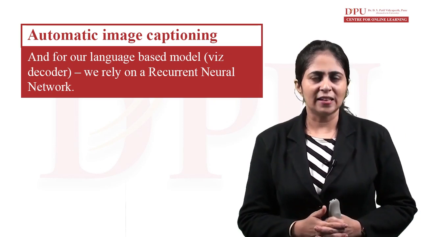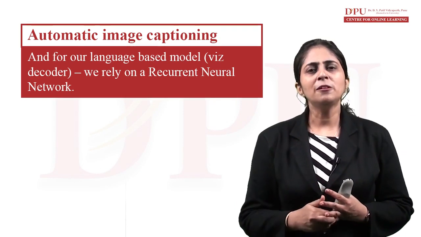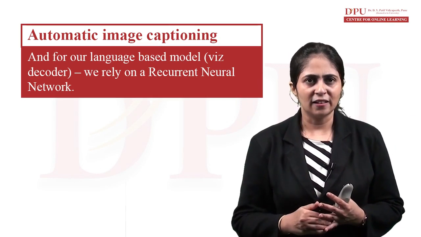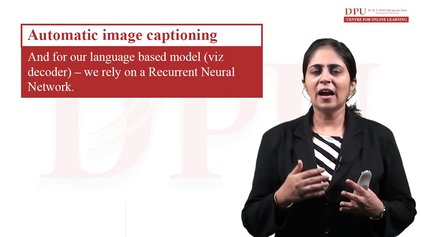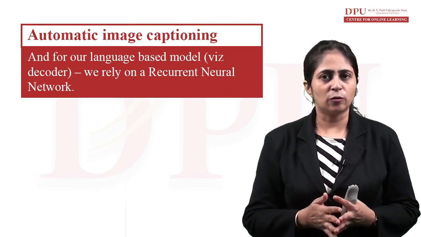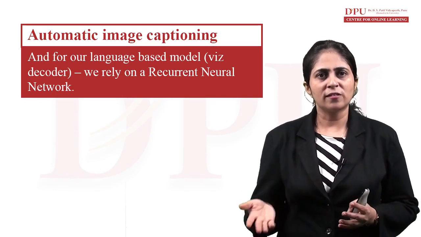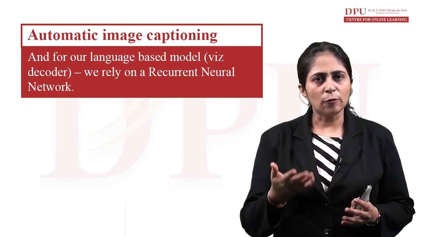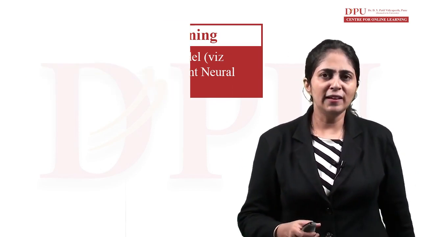So for the purpose of image captioning, for the image-based model, we will use CNN. And for the language-based model, we are using a recurrent neural network. That means if you want to caption our image into a particular sentence, we are using the language-based model. So there we will apply our recurrent neural network.